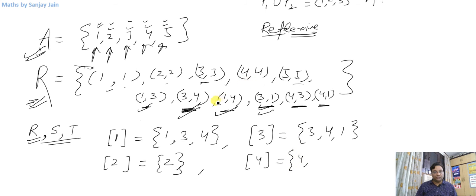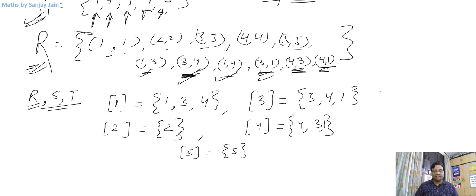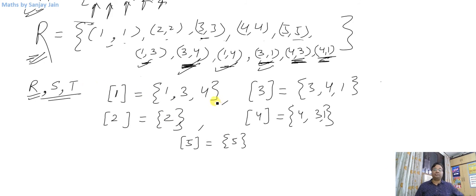Apart from 4, it has got 3 because it is related with 3, and it is related with 1 also, so it will have 1 in it. What about the equivalence class of 5? It will have only one element, that is 5 itself, right? So these are the equivalence classes of 1, 2, 3, 4 and 5.